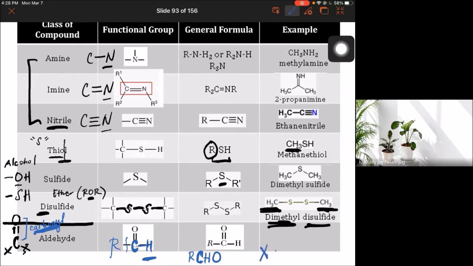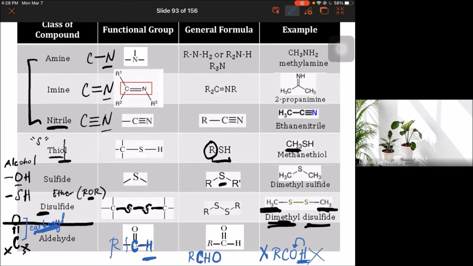Writing RCOH is very wrong. Some students write the condensed formula of aldehyde this way, but it is wrong because it would mean the hydrogen is bonded directly to oxygen.